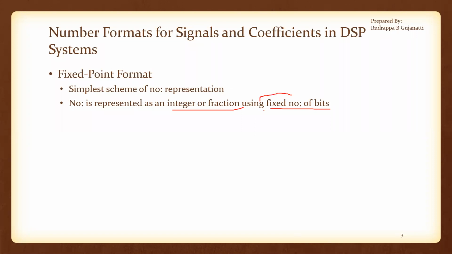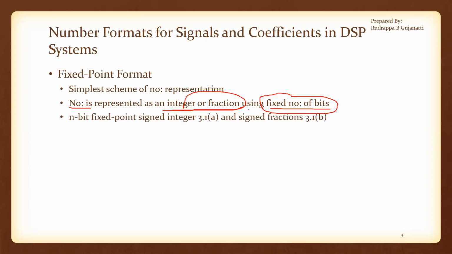So what is fixed? The number of bits which are used to represent the signal or the coefficient is fixed in this case. And another point to note down is this part. A number is basically represented as an integer or a fraction, and you have a fixed number of bits to do so.